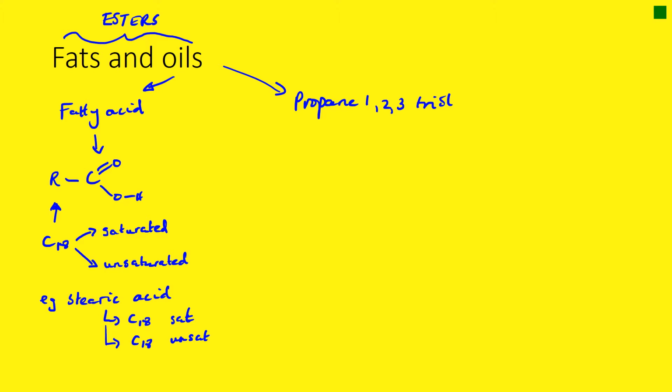Let's have a look at the reaction that takes place in order to make fats and oils. So let's draw out our propane-1,2,3-triol first, shall we? So we're going to have propane, so we've got 3 carbons. Let's draw it vertically. You'll see why in a minute. And it's triol, so we're going to have 3 hydroxyl groups.